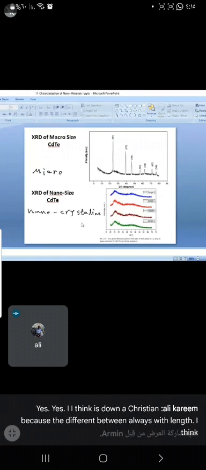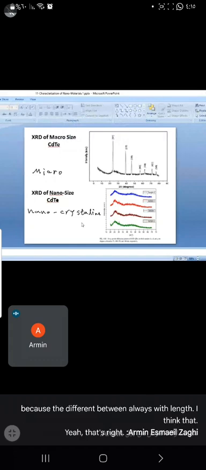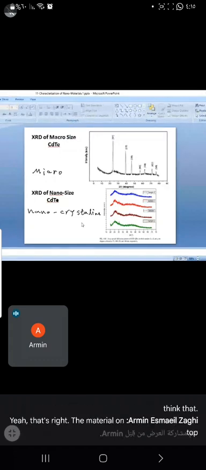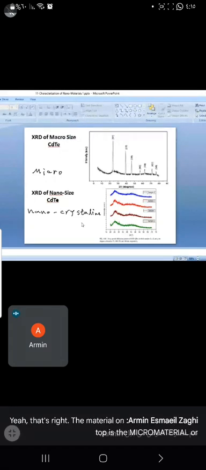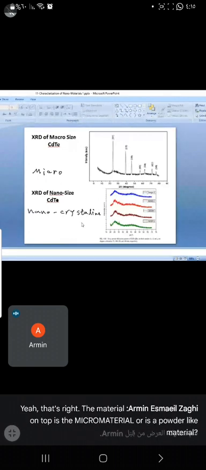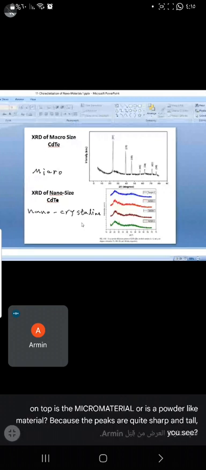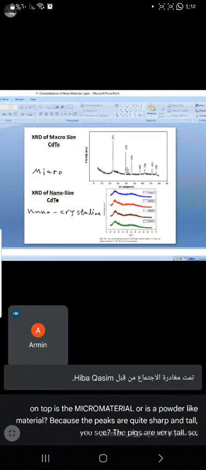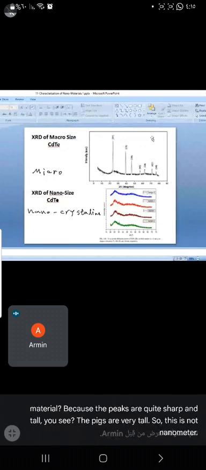I think that. Yeah, that's right. The material on top is the micromaterial, or a powder-like material, because the peaks are quite sharp and tall. You see, the peaks are very tall. So this is not a nanomaterial. It could not be a nanomaterial. But these are nanomaterials.